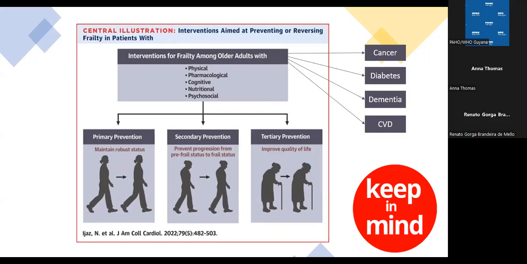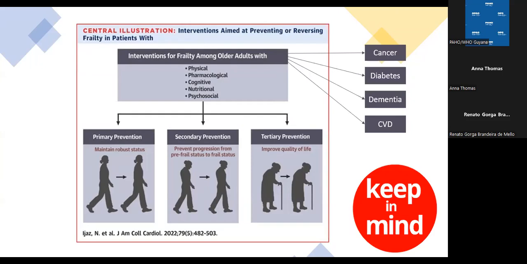So we have to remember, if possible, to refer patients for physical rehabilitation. We have to think about and assess and consider cognitive impairment during our treatment planning. We have to address pharmacological issues, as we'll see in the next section.